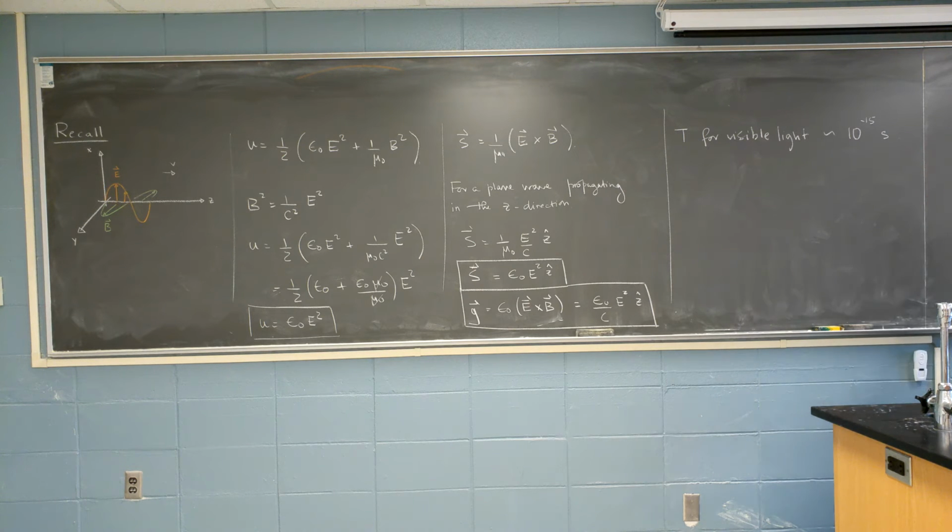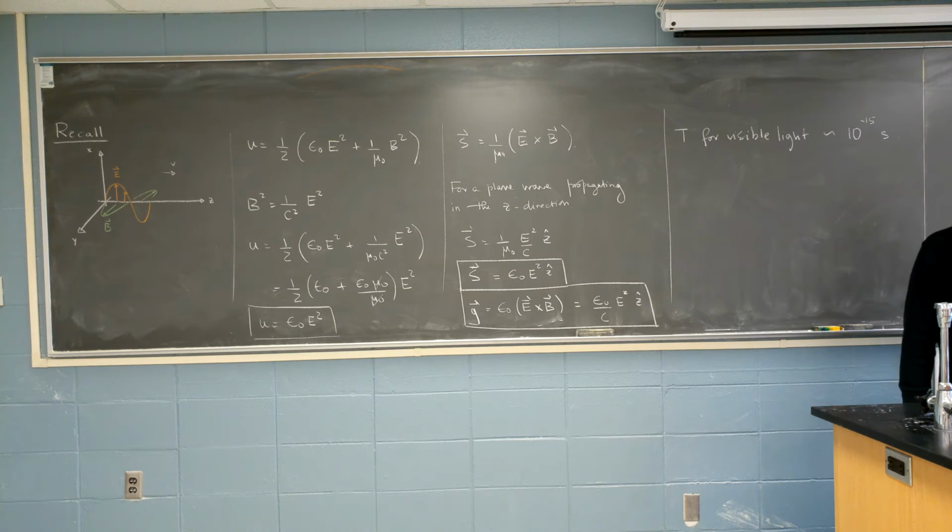This is rapidly oscillating. It is going through 0 to 1 to minus 1 to 0 in 10 to the minus 15 seconds. So if we measure any Poynting flux, any quantity, will we get a meaningful number? No one can use it to get the value of the electric field at an instant in time.